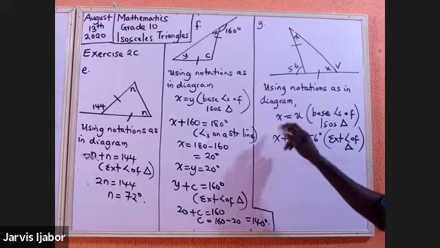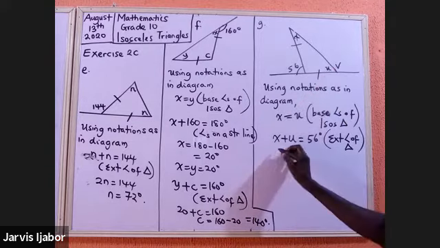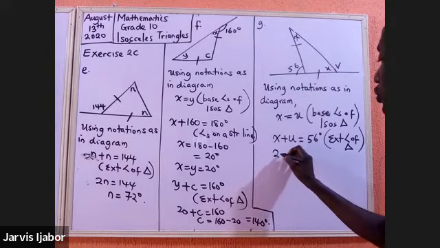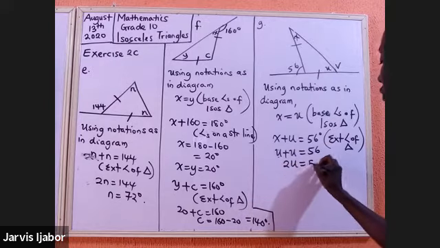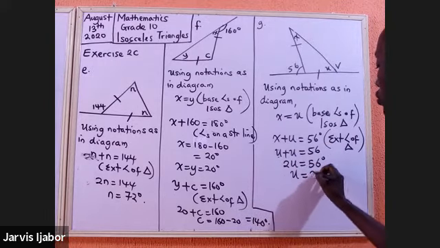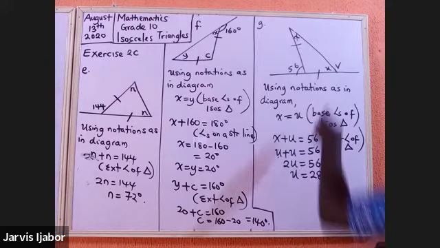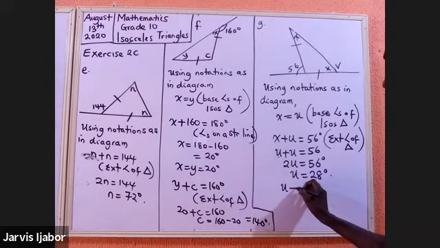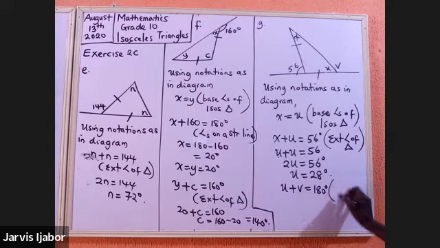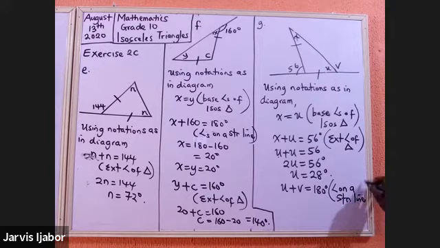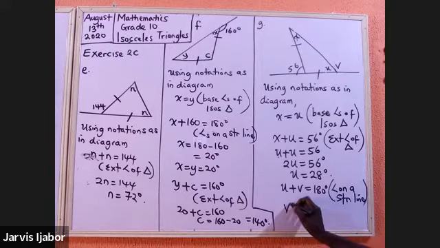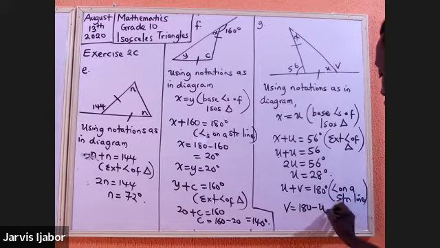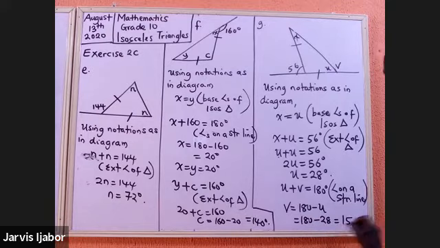So remember we're looking for U. U plus U is equal to 56, meaning that 2U is equal to 56 degrees, and U will be equal to 28 degrees. So if U is equal to 28 degrees, U plus V is equal to 180 degrees, angles on a straight line. So V will be equal to 180 minus U. What is U? 28. 180 minus 28 will give me 152 degrees.